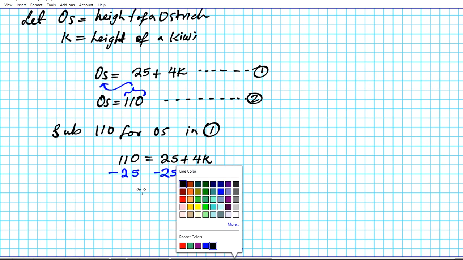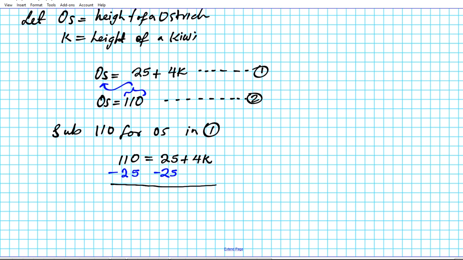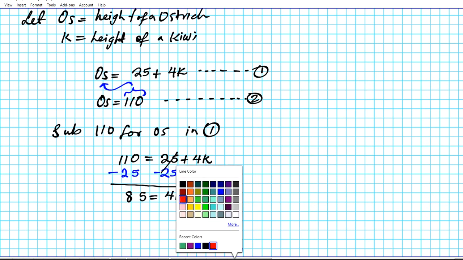What does that give us? 110 minus 25 is 85. So we have 85 equals 4K. To finish this off and get K by itself, we divide both sides by 4.